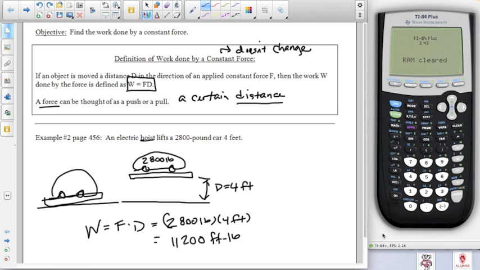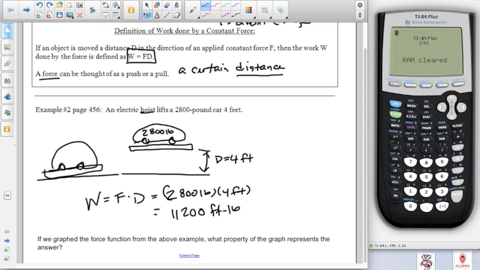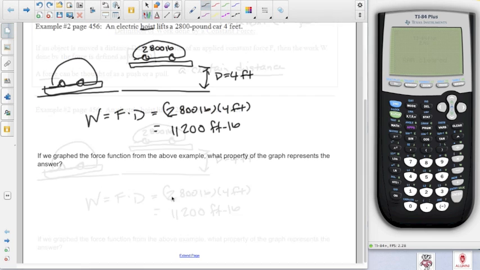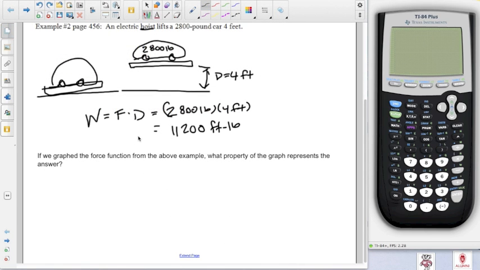Now, this is calculus, so you might think that you could do this using calculus, and you'd be right. So looking at this from a calculus standpoint, although calculus isn't necessary, we would have to come up with a force function to represent lifting this car. And since the force doesn't change, that force function ends up being just a constant value, 2,800.